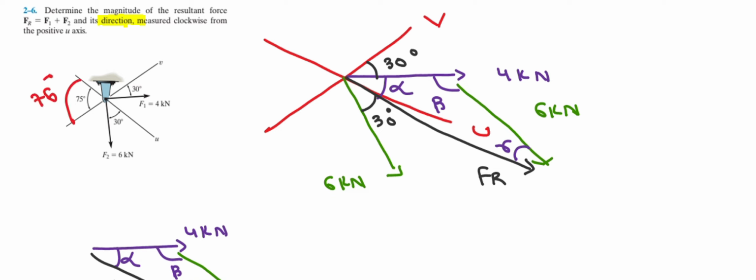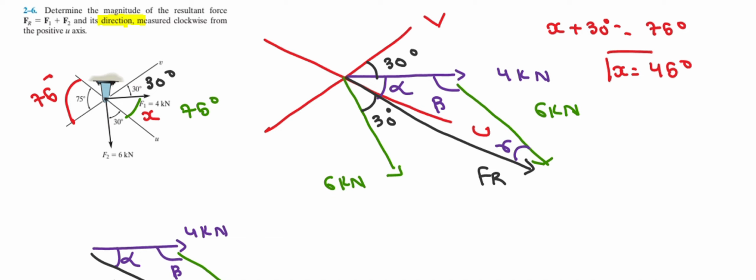It tells us that the angle between the U and V axes is nothing but 75 degrees. So this one also here is 75 degrees. Now if this one is 30 degrees, what about this one? Let's call this X. X plus 30 degrees is equal to 75 degrees. So X is equal to 45 degrees.